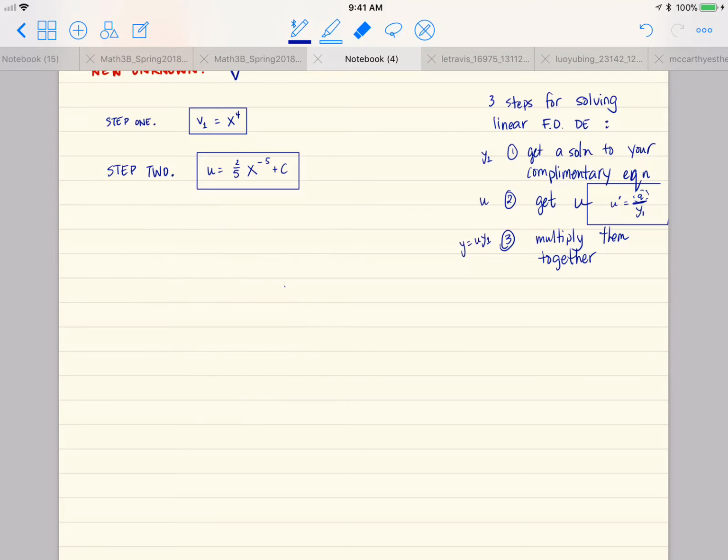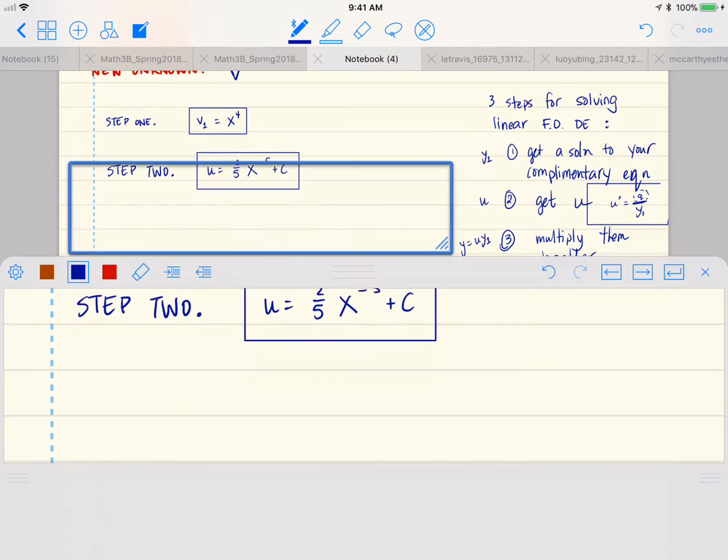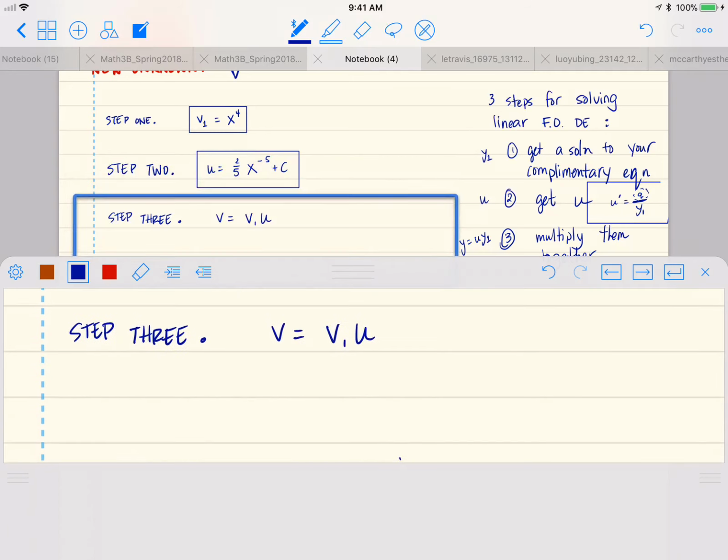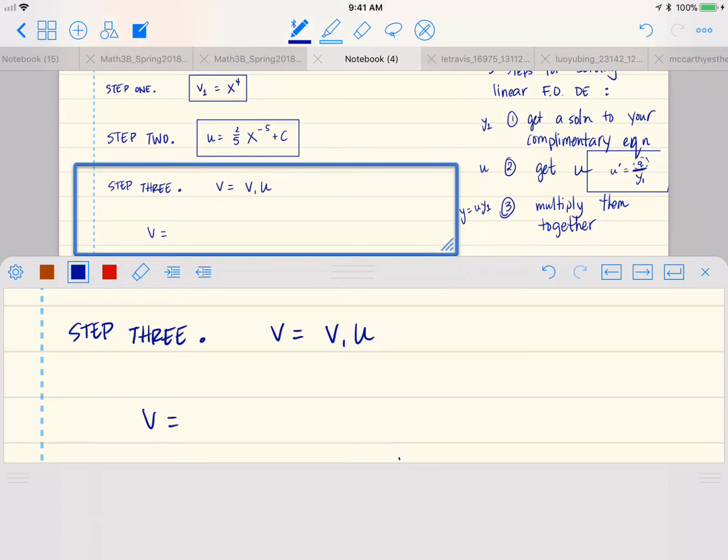So for us, step 3 is going to be v equals v1 times u. V equals v1 times u.